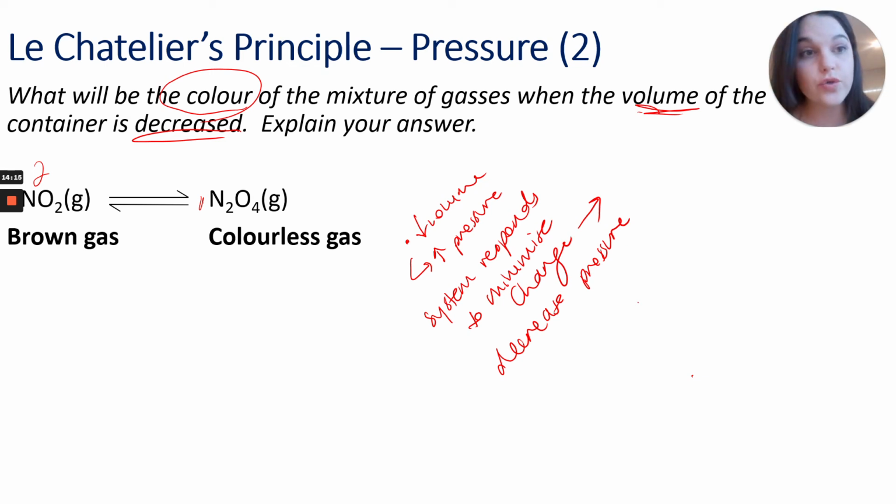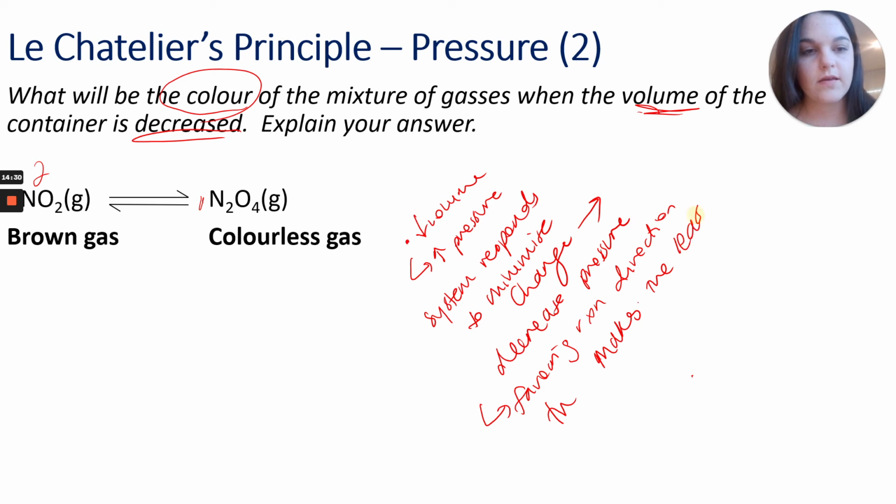Okay, it's going to do this now by favoring the reaction direction that makes the least moles of gas. Because I'm trying to decrease the pressure, I need less gaseous particles bouncing around my container.